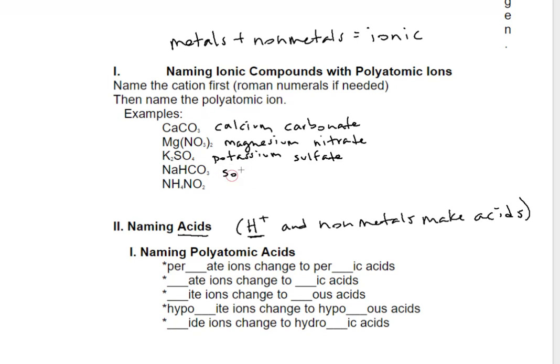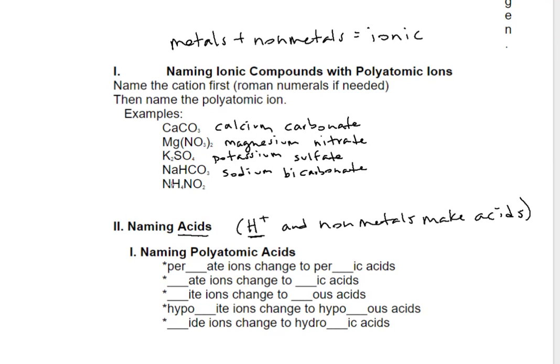Na is sodium. And you guys might recognize the CO3 from up here. That was carbonate. But it has a hydrogen stuck to it. So there's 2 ways I can name it. I can call it sodium hydrogen carbonate, or the way that we usually call this one, sodium bicarbonate, should sound familiar because that is baking soda.